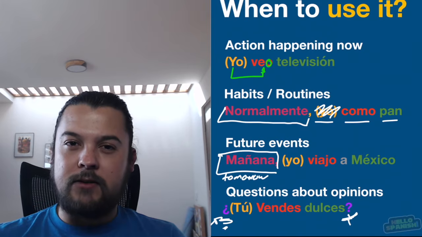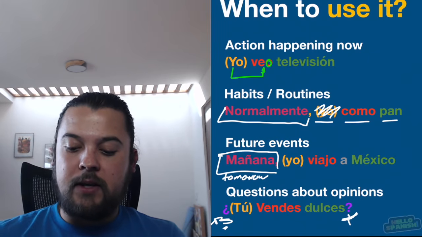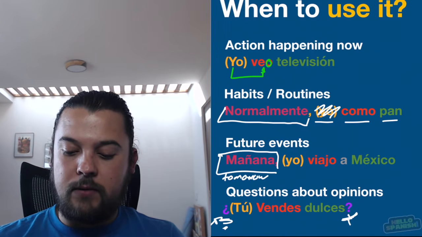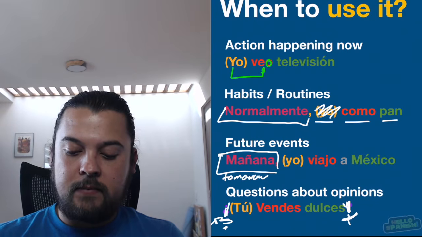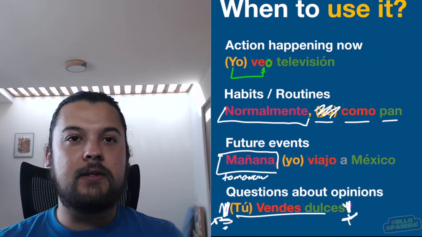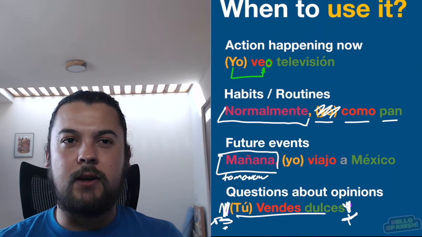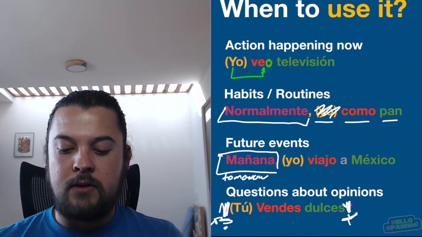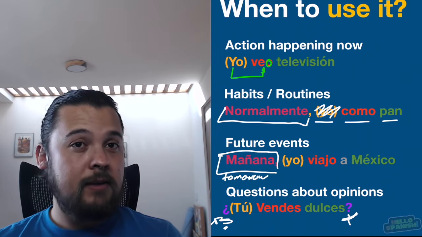Why will people understand that? Because in Spanish, if we happen to get rid of these question marks, you're actually saying a statement. It's not a question anymore. Like you sell candy versus do you sell candy?